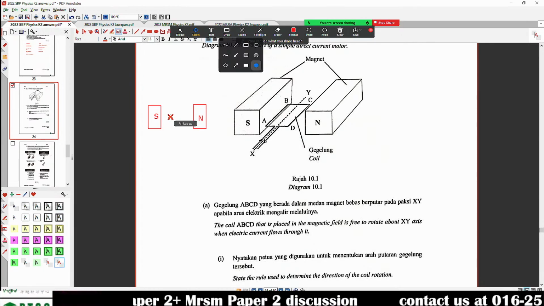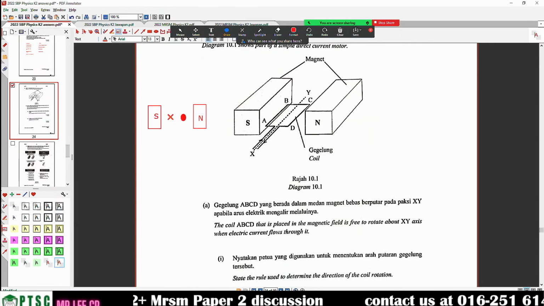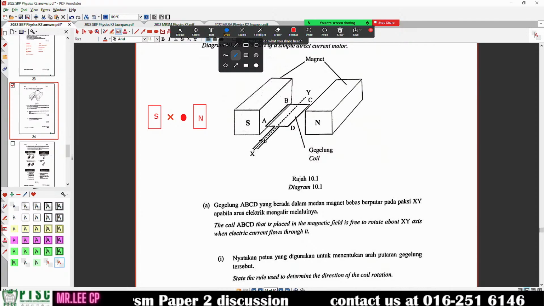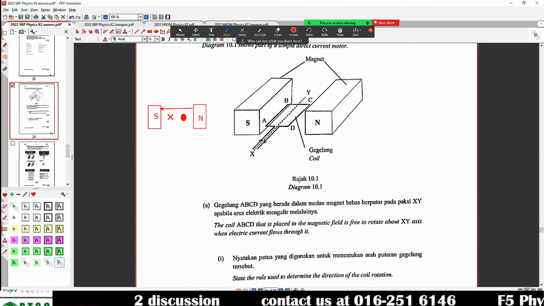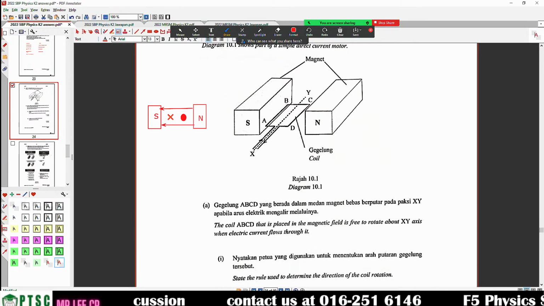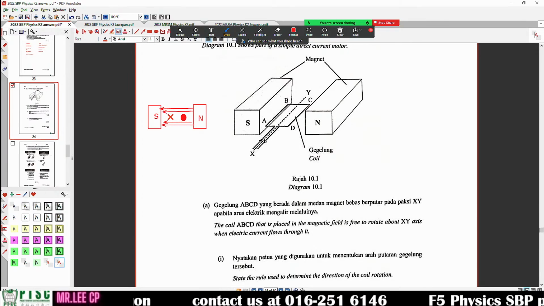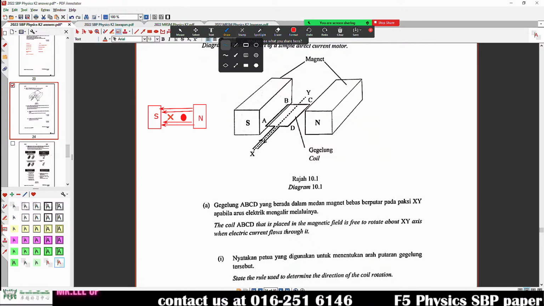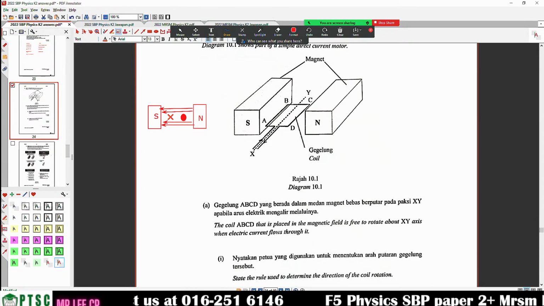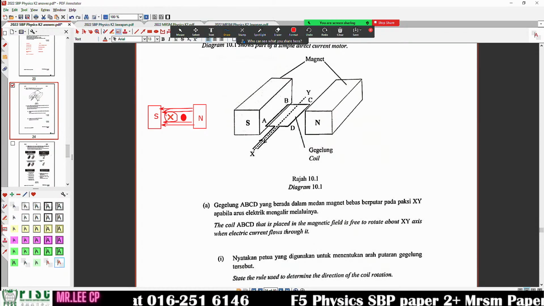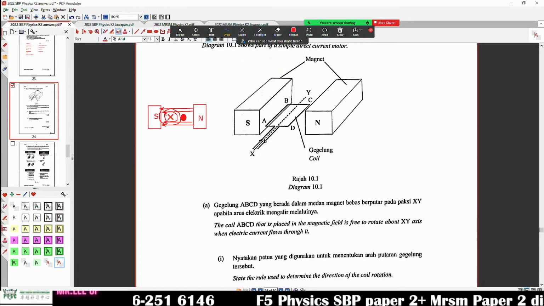CD goes out. Now you got a north pole to south pole, this is a magnetic field. And then you got one current. Current also got field. Still remember the one that I taught you here? The current going in, we use the right hand grip rule.